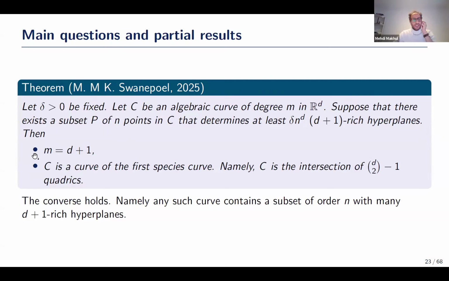Then we show that the degree must be d plus 1, and not only the degree, we know that C must be first species, namely it is the intersection of d choose 2 minus 1 quadric hypersurfaces. And of course the converse is also true, namely any curve with this property has a group structure, and then dealing with the subgroups of that, we came up with subsets in R^d with as many as d plus 1 rich hyperplanes.